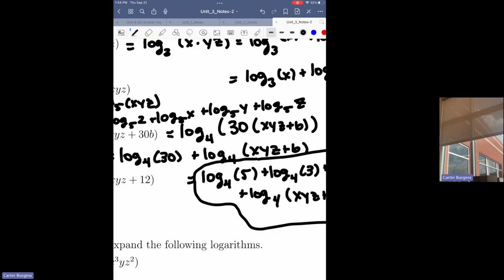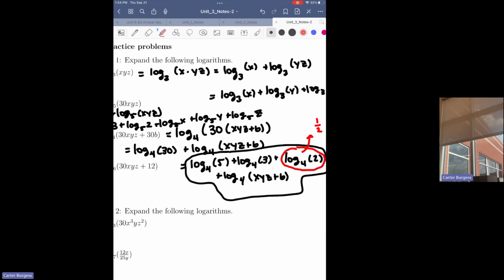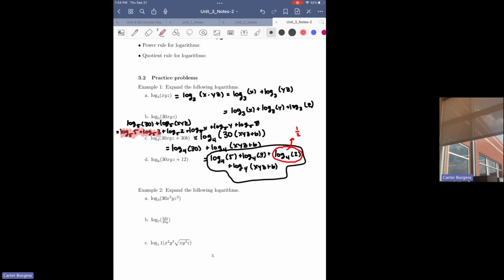So a little bit long, but ultimately it's basically just the 30 bit from example C added with the xyz bit from example 1, with a different logarithmic base here, of course. So if the 30 xyz all at once is overwhelming, break it apart, deal with the 30 first, deal with the xyz second, and then you're just adding them all together at the very end.